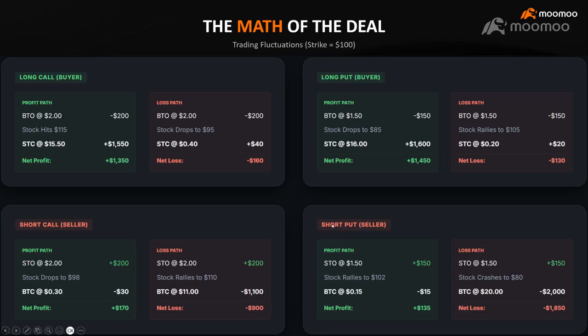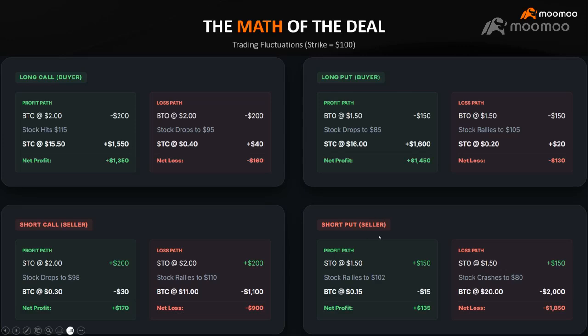If we are shorting the put, what direction are we betting on? Are we bullish, bearish, or neutral? Bullish, yes.